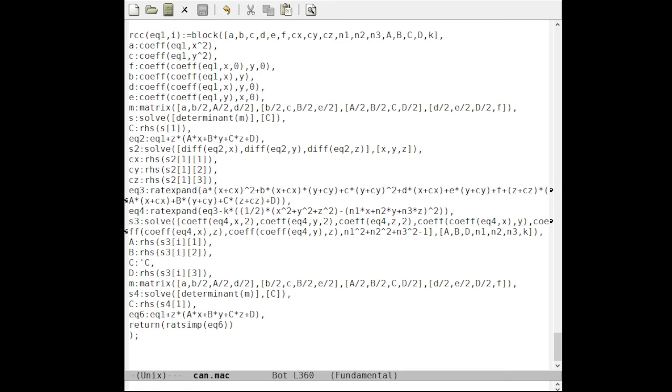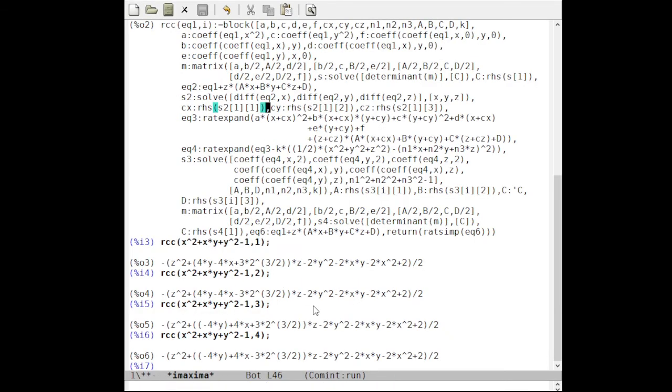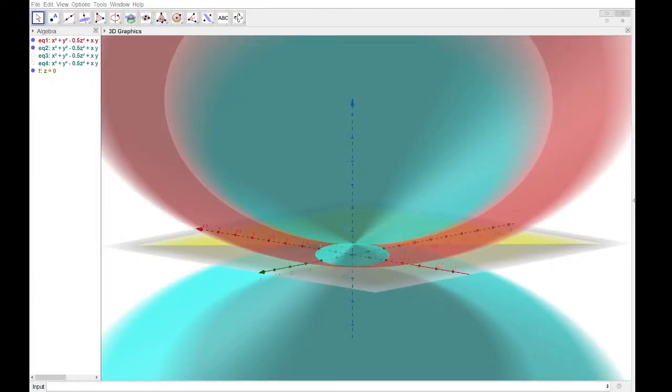So let's try with a very simple ellipse. Let's see, I can show it in GeoGebra.